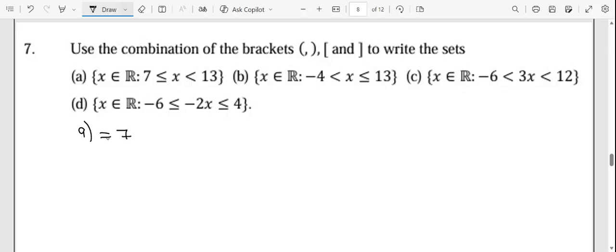And these are simple. Let me get you clear. I'll explain this one, then the rest you do them.